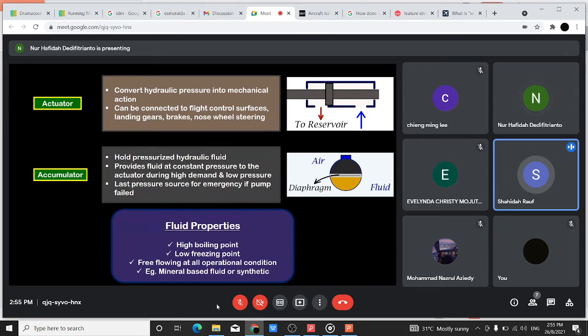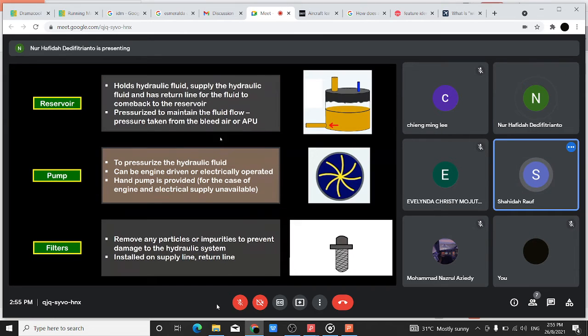I have a question from the previous slide. For the pump, the first point stated that it pressurizes the hydraulic fluid. What is meant by hydraulic fluid? What type of fluid is used in this system?